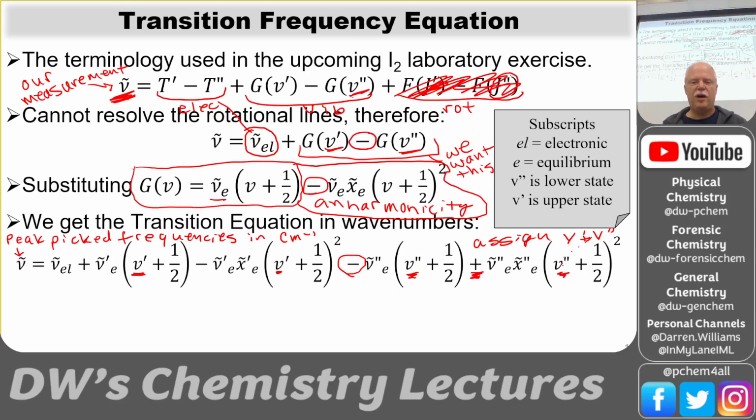So we assign V prime and V double prime. This is what we mean by spectral assignment. For every peak picked value, we give it the quantum numbers.